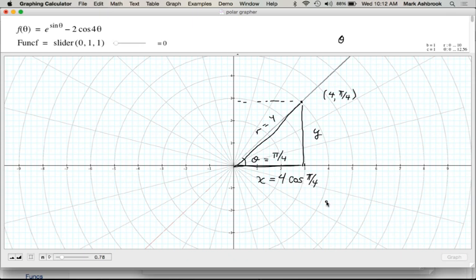So the x coordinate is 4 cosine pi over 4.